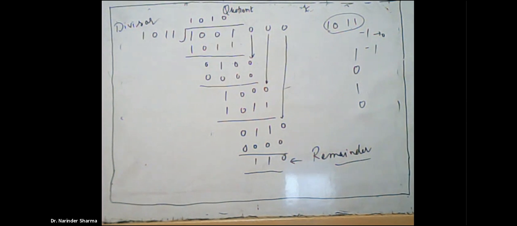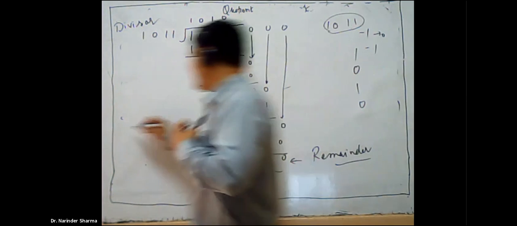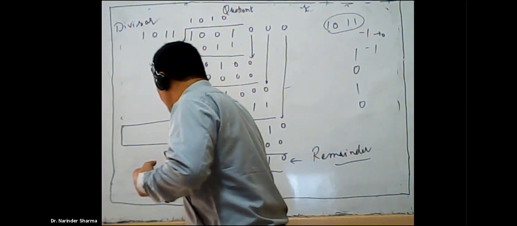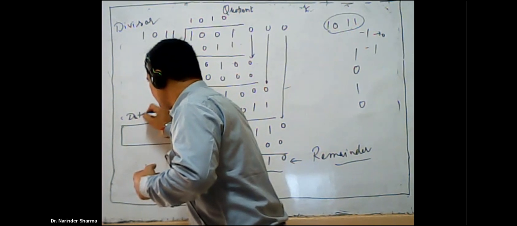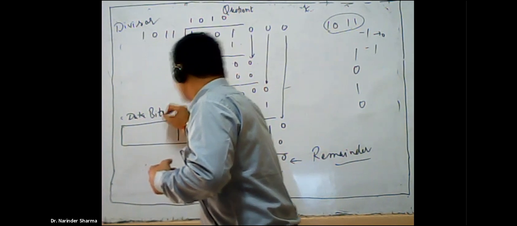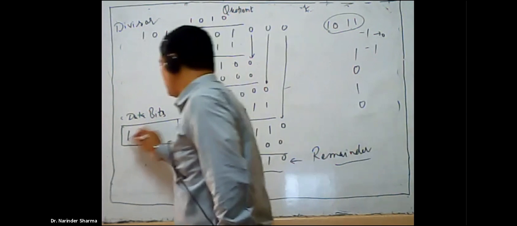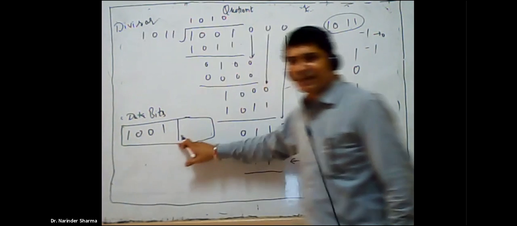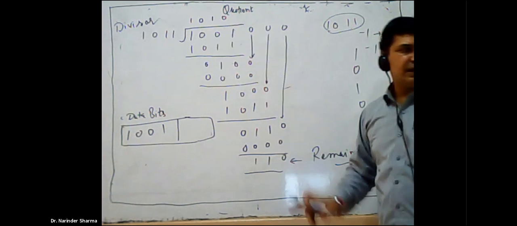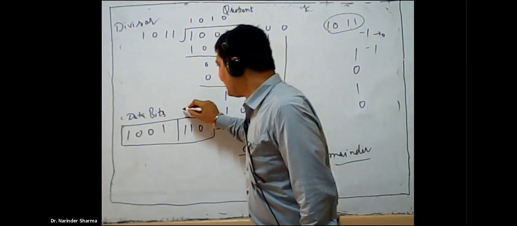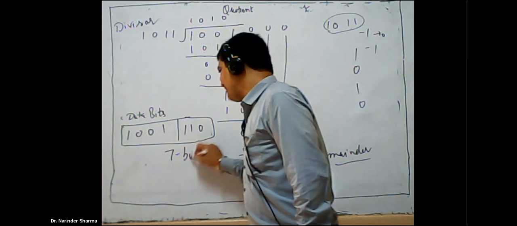The remainder is not 0. So whatever you can say, these are your data bits. What are your data bits? Your data bits are 1001. And what about your remainder? Your remainder is 110. So you can see that this would be a 7-bit code.